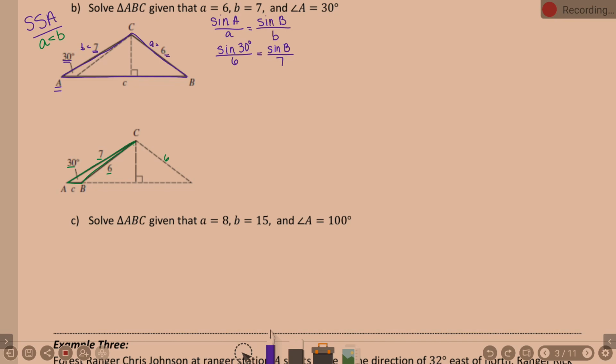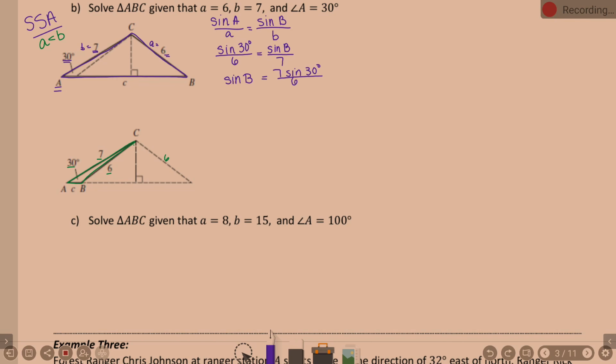Now, what can we do here? Cross multiply, yes. That's going to be 6 times sine B equals 7 times sine 30. Could I go ahead and divide by the 6 also? Are you getting this enough that I can say sine of B is equal to 7 times sine 30 divided by 6?